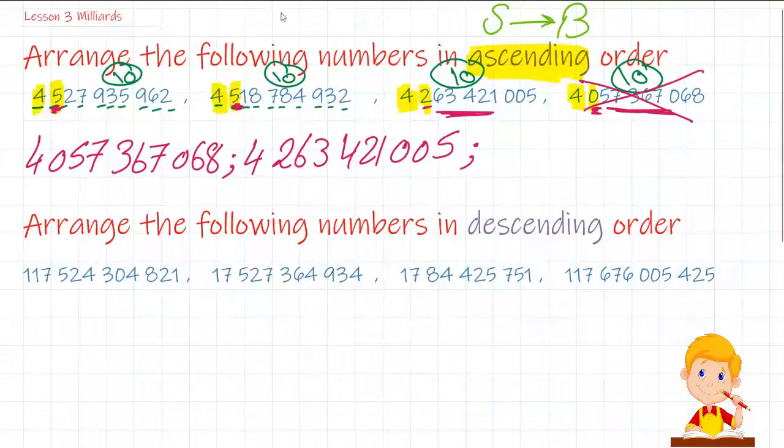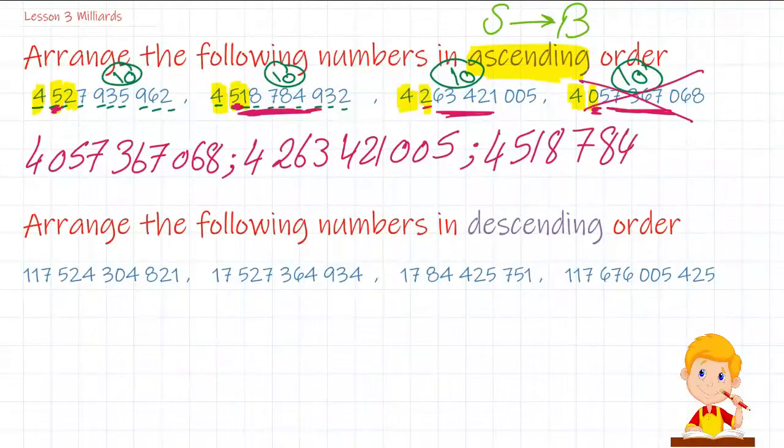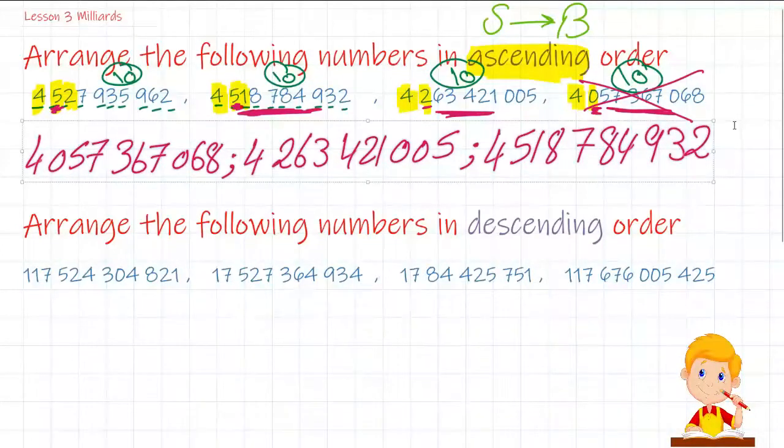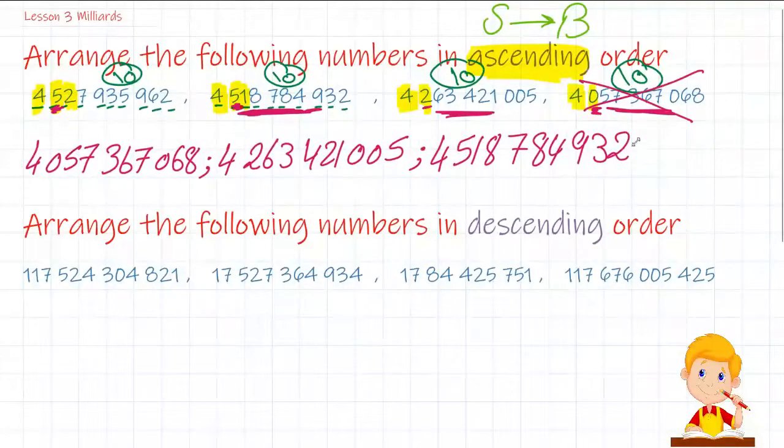Okay, the next one, we have here 5 and we have here 5. Okay, let's move to the next digit. We have here 2 and we have here 1. So this number is a smaller number. So let's write it here. 4,518,784,932. Okay, let's make a space here.